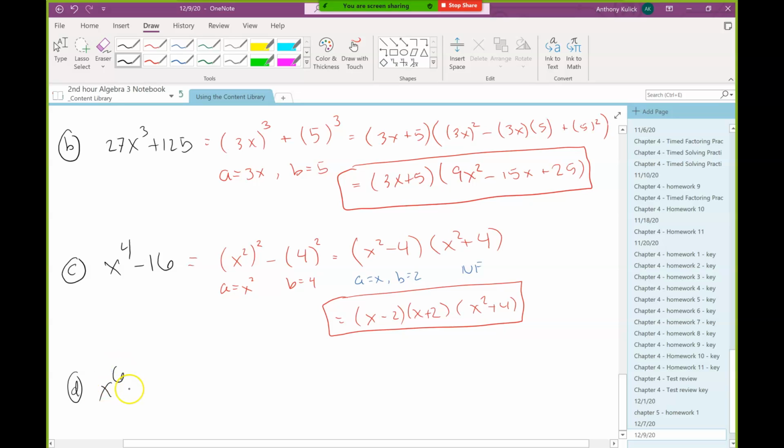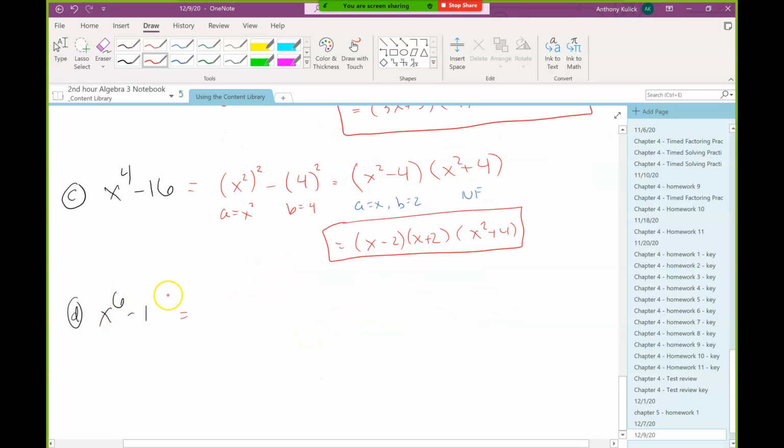Let's do another. How about x to the 6th minus 1? Well, again, x to the 6th is an even exponent, so I can maybe write this as a difference of two squares.